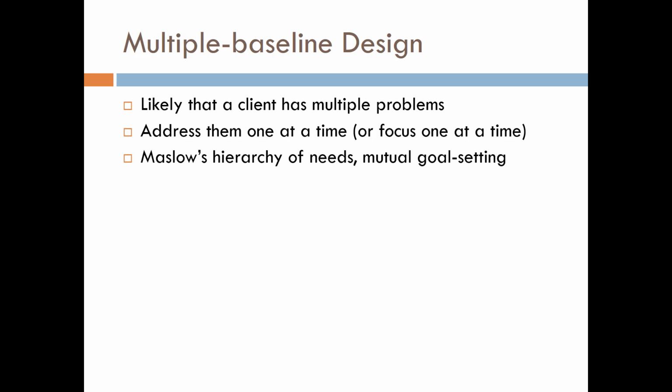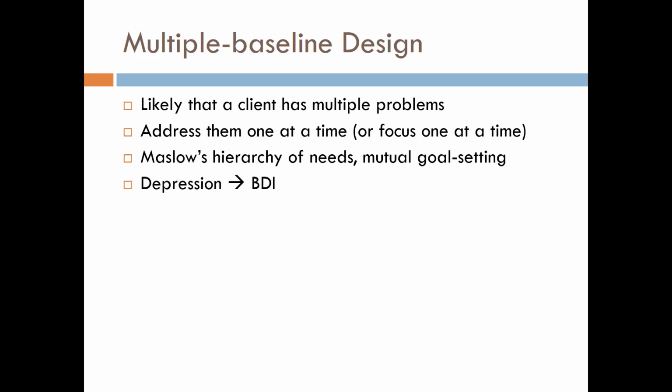But the way that we would do that is maybe using Maslow's hierarchy of needs, or mutual goal setting, where we're deciding if we're going to focus on one need at a time, which is the most immediate need that needs to be addressed.